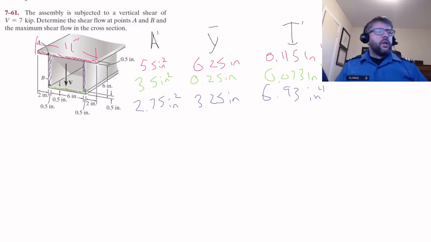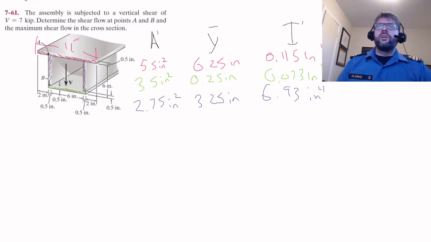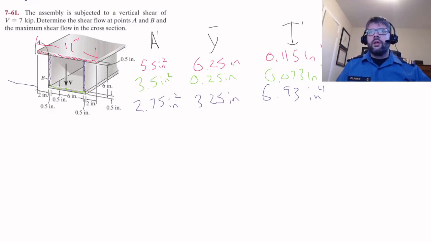Okay, so calculating the location of the centroid for this cross section. I guess we'll define our coordinate system first. So this is the z-axis, and we'll put the y-axis up here.